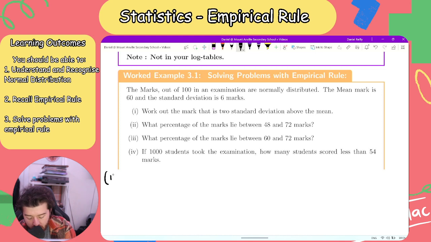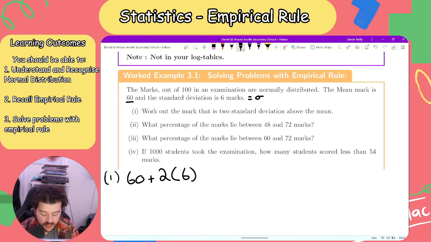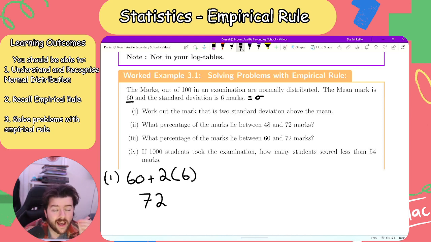So that is going to be 60 plus 2 times 6, because my standard deviation here is 6 and my mean is 60. So 60 plus 2 times 6 is equal to 72. So 72 marks is 2 standard deviations above the mean.